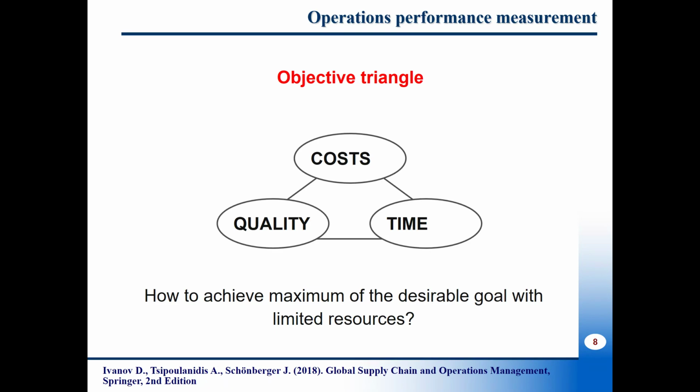Therefore, operations management needs to minimize cost, but at the same time maximize the quality at reduced processing time. And the question is how to achieve the maximum of the desirable goal with limited resources. Therefore, we need operations management.